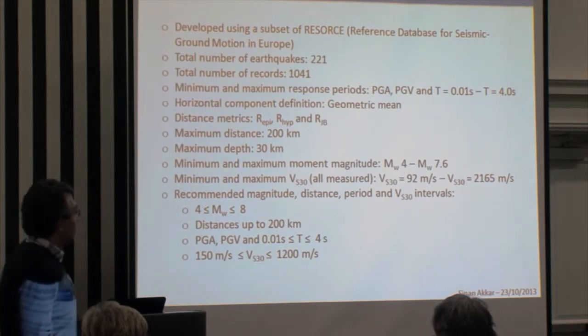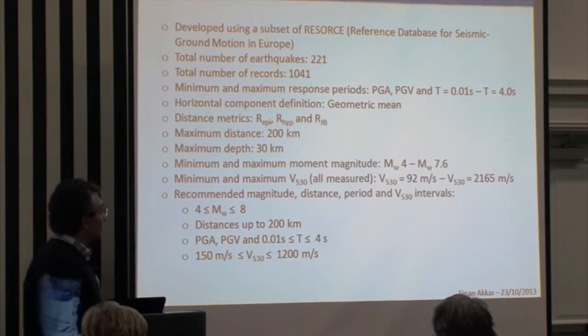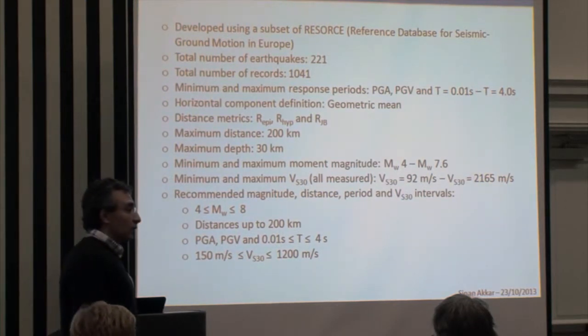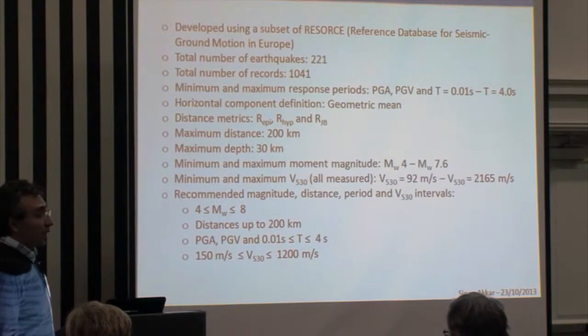We're predicting PGA, PGV, and spectral acceleration, pseudo spectral acceleration actually, between 0.01 seconds and 4 seconds. The horizontal component definition is geometric mean.